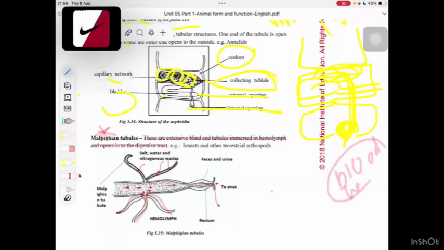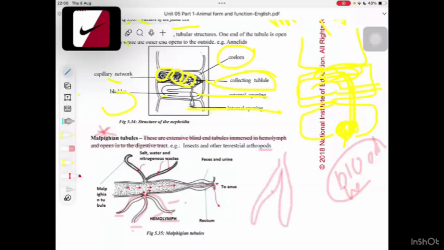Humans have blood, right? But arthropods and mollusca have hemolymph as the interstitial fluid. So these are extensive blind end tubules. Blind end means they are closed end, right?